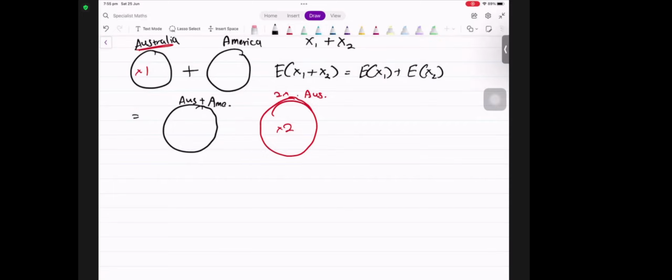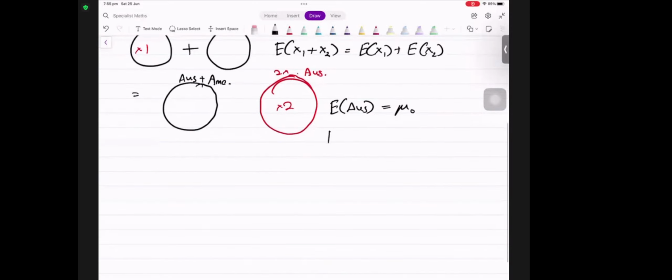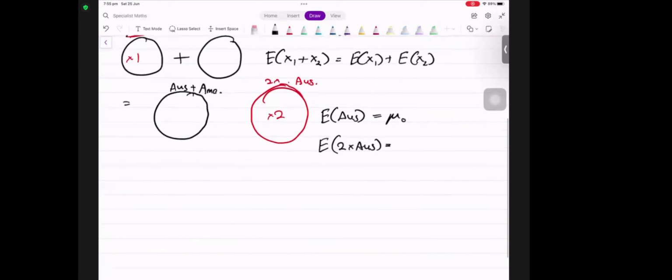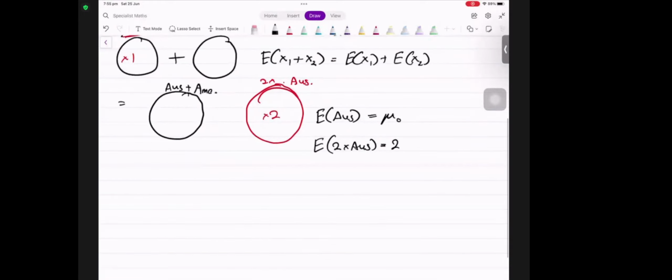Let's say you wanted to get the mean of this sample. If you had normally just Australia by itself, at a scale of 1, then let's say your mean is mu, and let's say mu is 0. But if you were to get the expected value of 2 times Australia, with our properties of the mean, this is the same as 2 times E of Australia, which is equal to 2 mu, or 0.